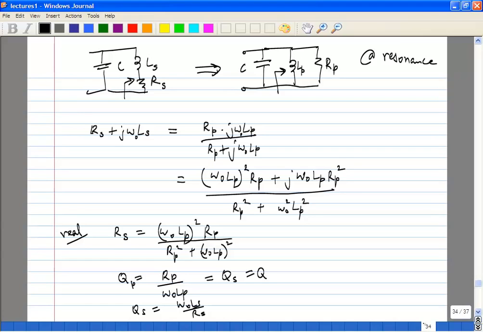We looked at purely series and purely parallel. What you don't know is how the circuit will behave. What you try to do is assume a frequency of resonance omega naught and do all the calculations and try to convert it to either a parallel or a series network for any network you find. And the resonant frequency will be defined by either the parallel or the series network, whichever one you convert it to. In this case, of course, because one circuit happened to be in shunt, it's a lot easier to convert it to a parallel network.